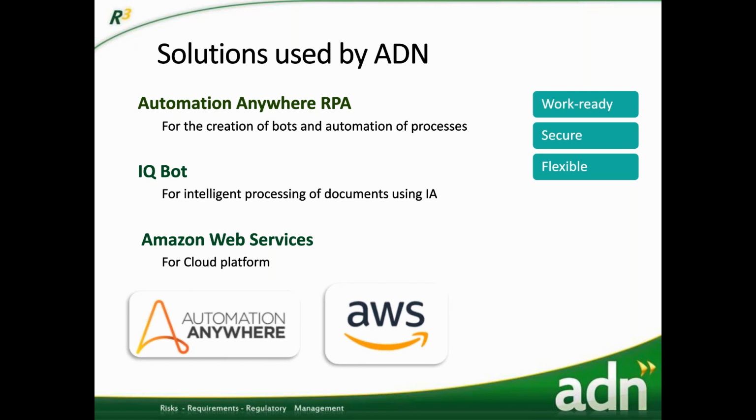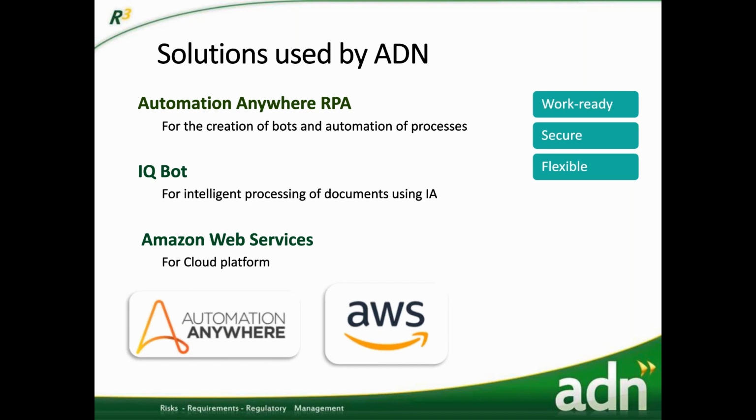Those tools allow us to create the bots and configure the automation of processes, and the IQ Bot allows us to use artificial intelligence to process documents using computer vision, machine learning, and natural language processing. To deploy those tools, we're using the cloud platform from Amazon Web Services.